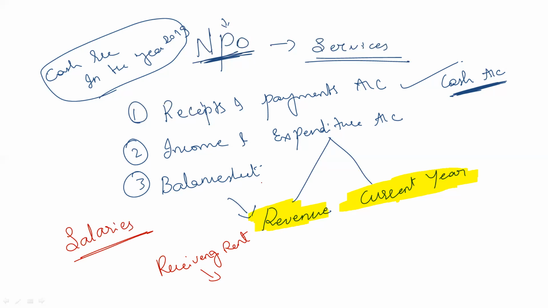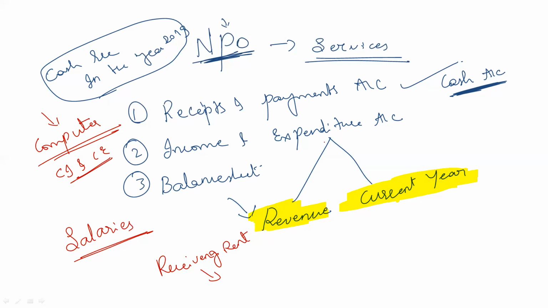Then there will be certain expenses like purchase of a computer or purchase of any asset. This does not happen again and again. We will purchase them after many years. So usually these transactions are not recurring in nature. These become capital income and capital expenditures, which will be recorded in the balance sheet and not in the income and expenditure account.